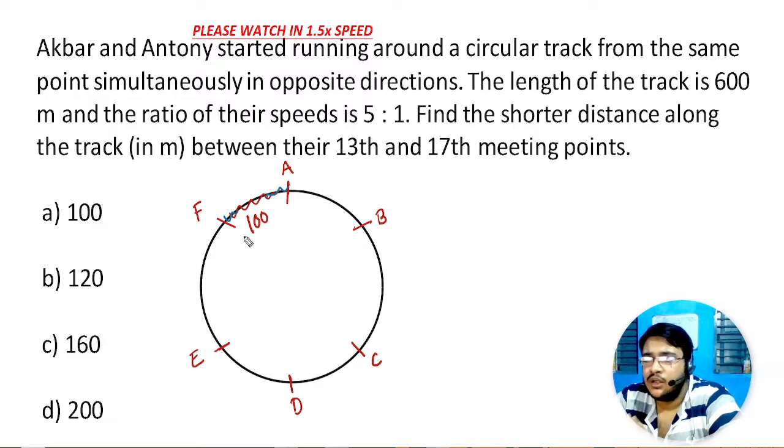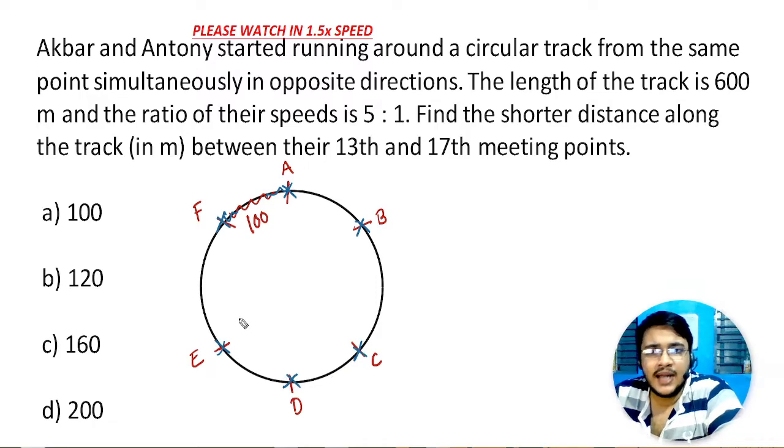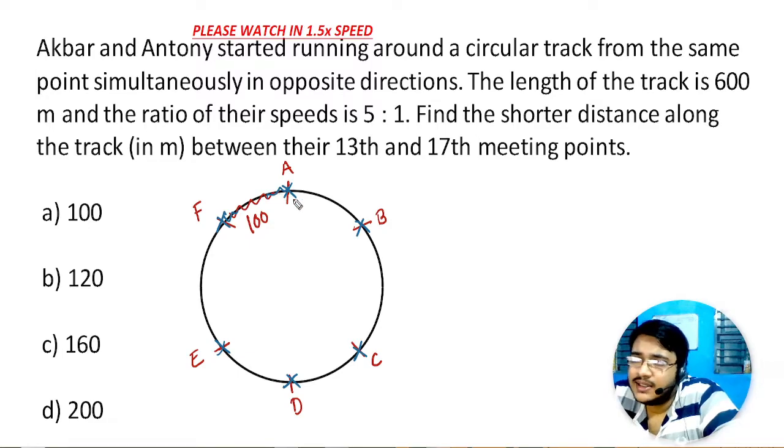All of them are equal to 100, and the total is 600. Effectively, they meet at these points; they cannot meet at any other point. At no instance does either Anthony or Akbar stop, so they are constantly running. Maybe Anthony is over here and Akbar is over here, but when they have to meet, they will meet at this point.